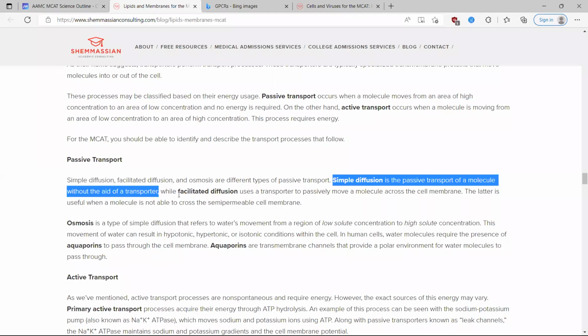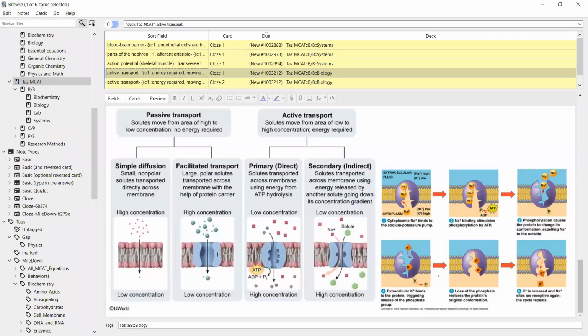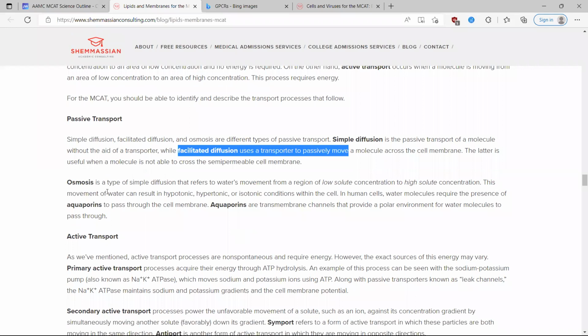Facilitated diffusion uses a transporter to move passively. Just because we use a protein does not mean that it's active. Using energy means that it's active. Facilitated transport is still going to be passive because we're going down the concentration gradient.